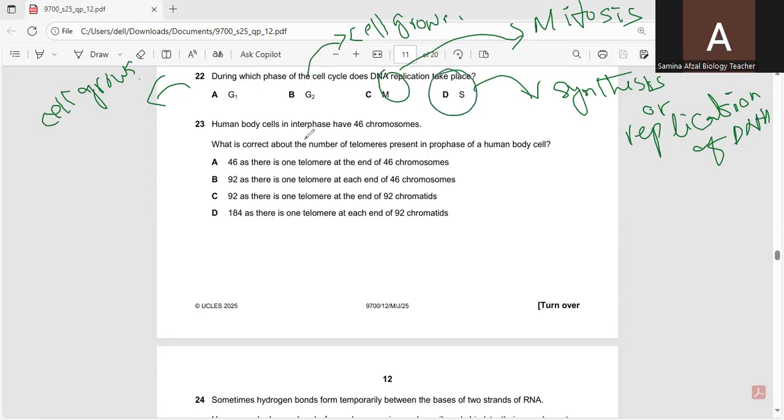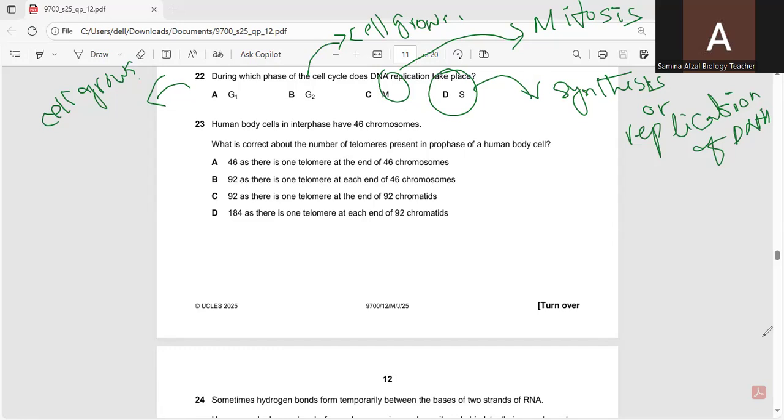Human body cells in interphase have 46 chromosomes. Yes, this is the characteristic of human cells, that they have chromosome number 46. I already told you that during the replication of DNA in interphase, the chromosome content is increased, that is, they are replicated.